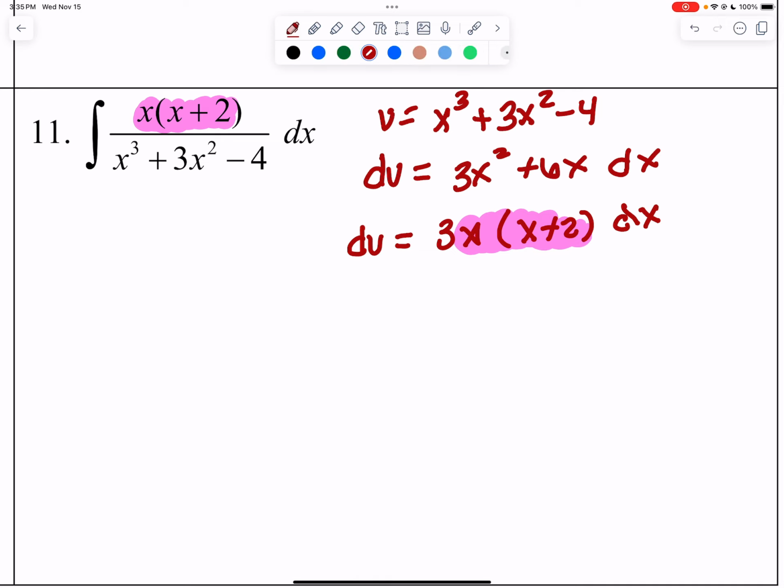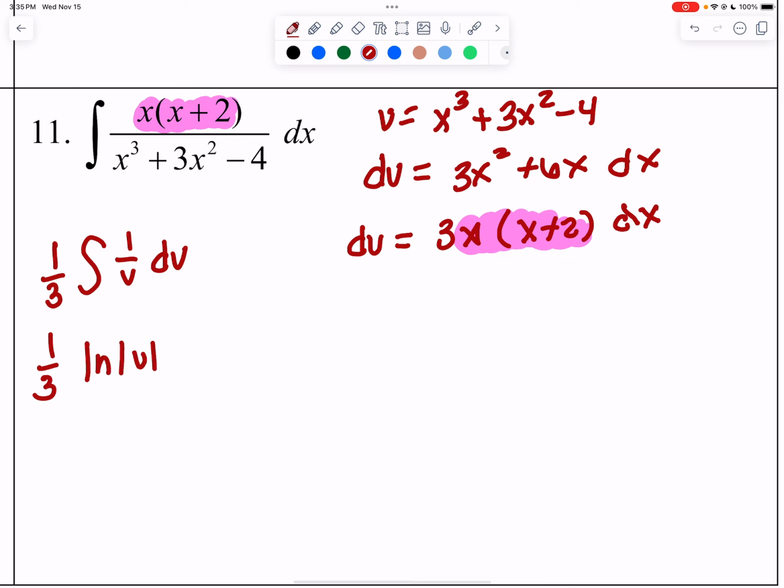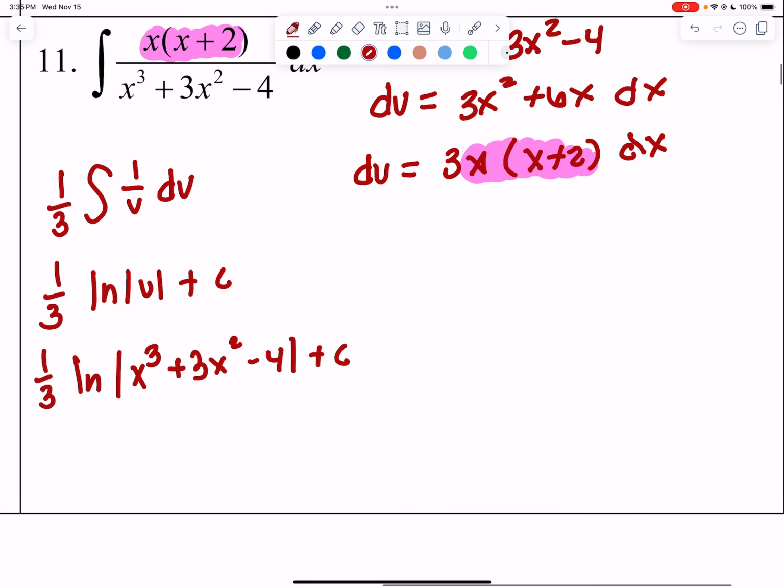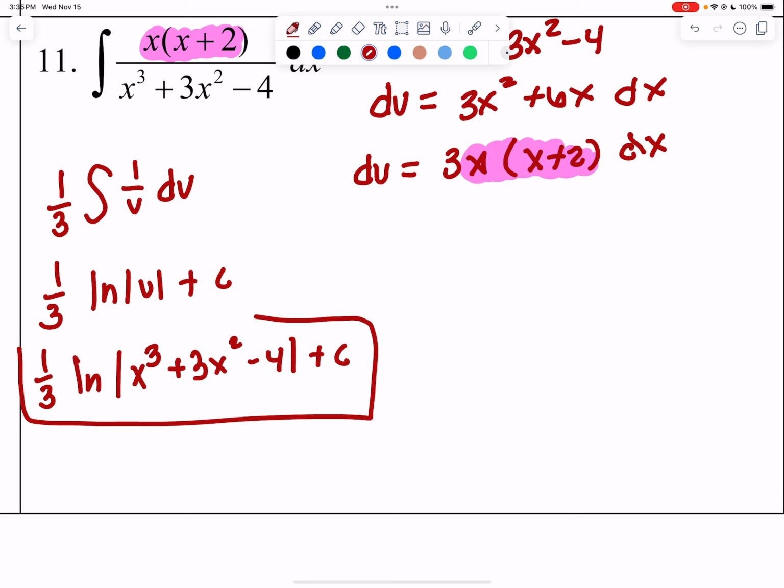Once I do that, I'm going to get 1/3, and then the integral of 1 over u du. The integral of 1 over u is going to be ln of the absolute value of u plus c. And then we know that u is x cubed plus 3x squared minus 4, plus c. This is my antiderivative of number 11.